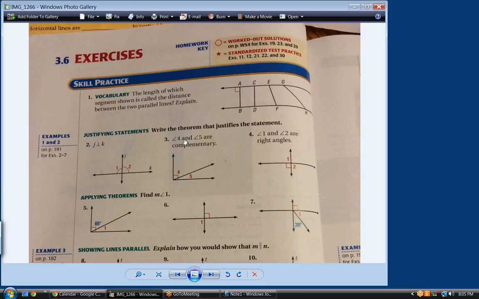But it looks like maybe it's your chapter 3.6. In my book, it's theorem 3.1, 3.2, and 3.3. Those apply to the next three problems.